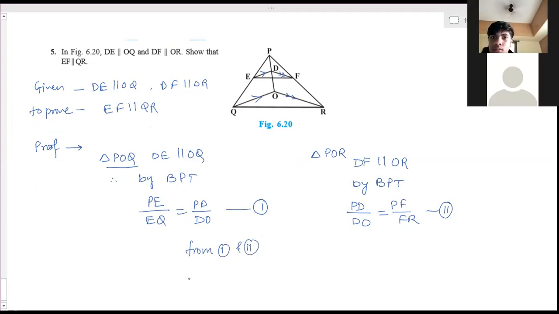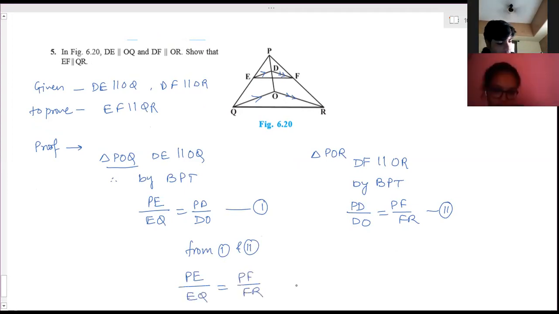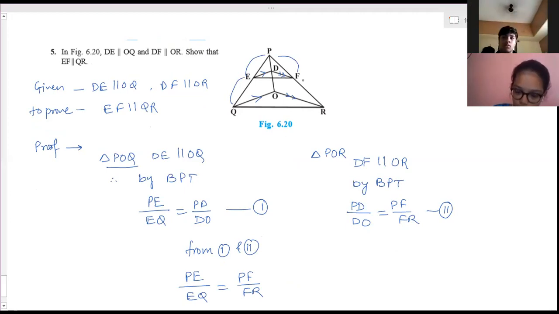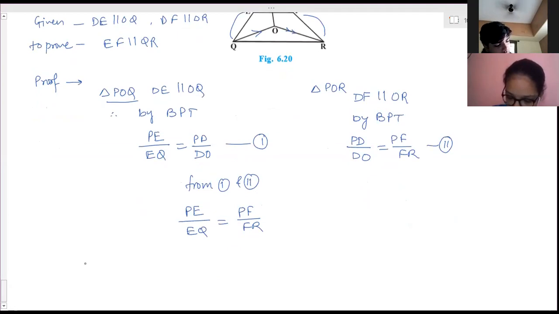PE by EQ is equal to PF by FR. So by converse of BPT, EF is parallel to QR.